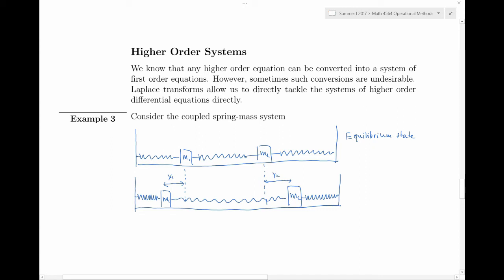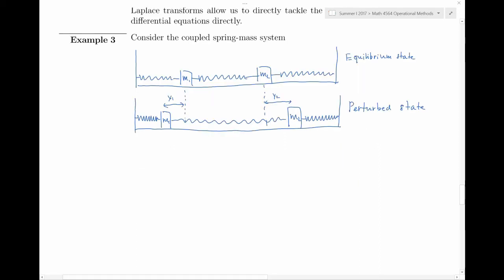Then we can write a system of second order equations which will model the system. So from Newton's law, for the first equation, the acceleration of the first mass particle should be the same as the sum of the forces acting on this particle. And there are two forces acting. We have a spring with a constant K1 and a spring with a constant K2. The spring K1, when it's compressed, exerts the force that resists compression.